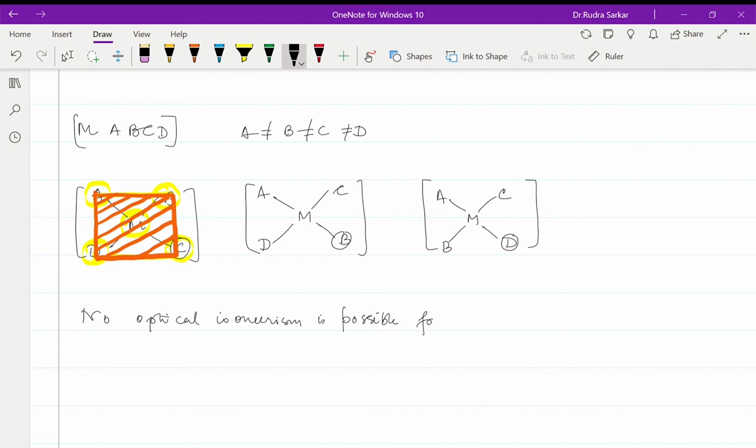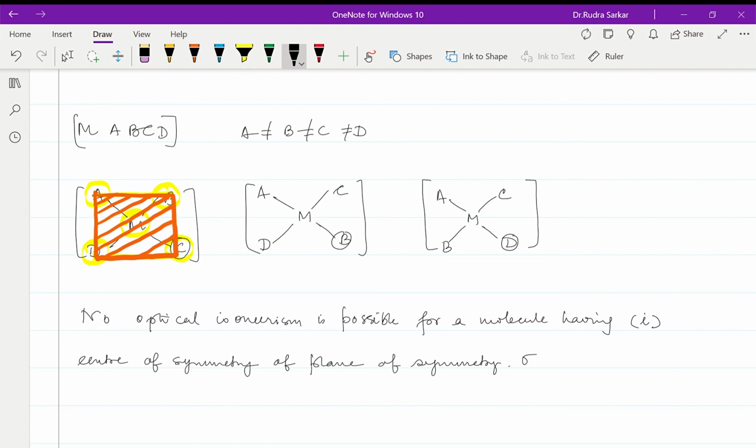No optical isomerism is possible for a molecule having a center of symmetry or a plane of symmetry, which we call sigma.